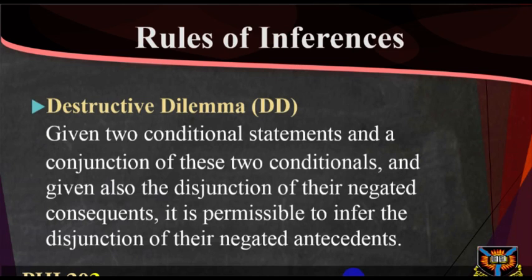Example 2. F or (G or H). (G then I) and (H then J).